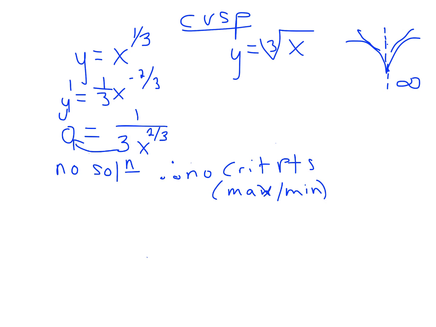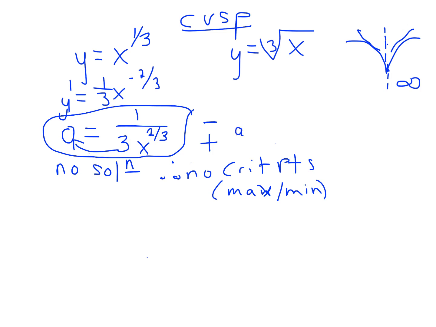So let's figure out what's going on here. When we look closer at this first derivative, one of the things that we notice is that before we get to 0, the slope is negative. After we pass through 0, the slope is positive, and we said that already by looking at the graph.